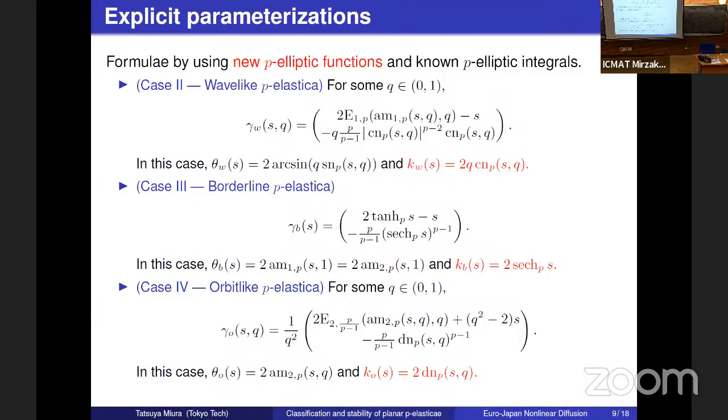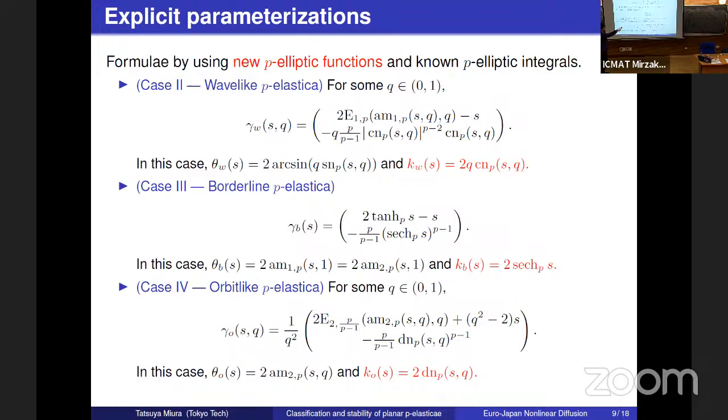To describe those cases, we have introduced new types of p-elliptic functions and used p-elliptic integrals. Those are used by Watanabe. Actually, those are special cases of Takeuchi's more general generalization of elliptic integrals. I haven't defined the p-elliptic functions, so you cannot see the precise definitions.